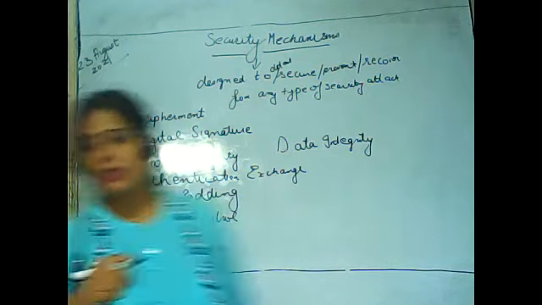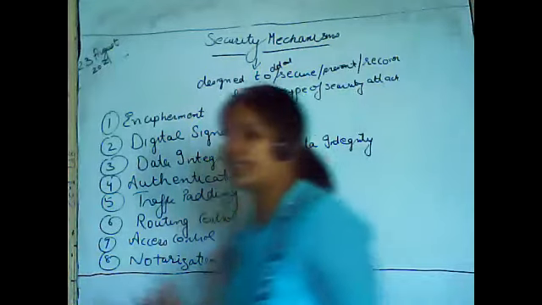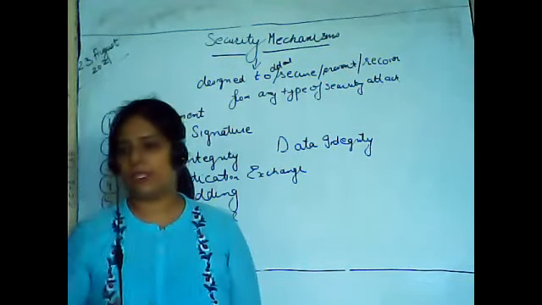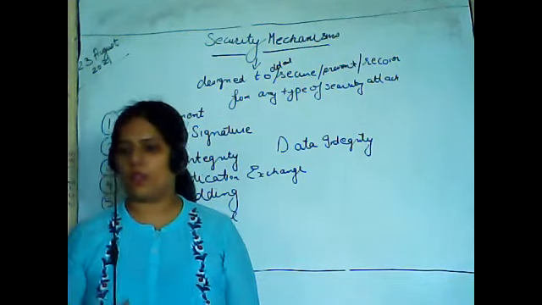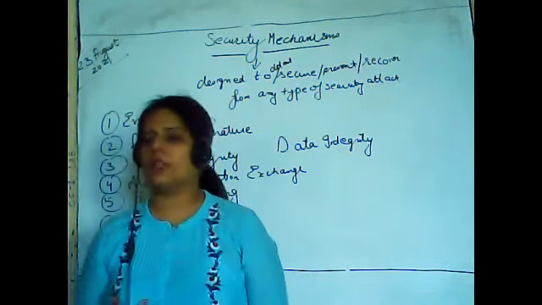So these are some of the terms, or methods, that we use while using different mechanisms in order to secure a system. For what particular purpose do we require all these mechanisms?